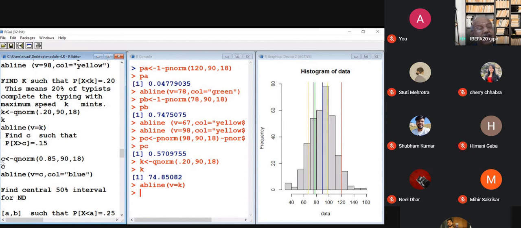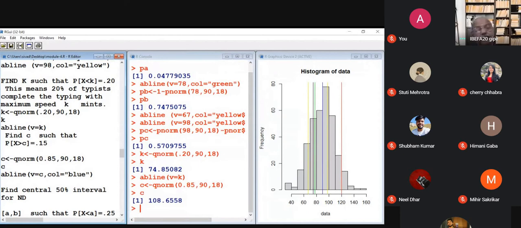Find C such that 15% of the typists have the speed. So 85% of them have below C. Again Q norm. Plot it on the graph, another black line.